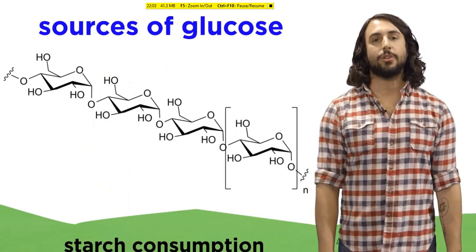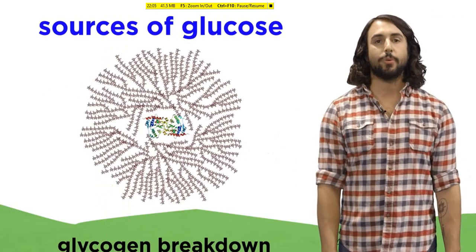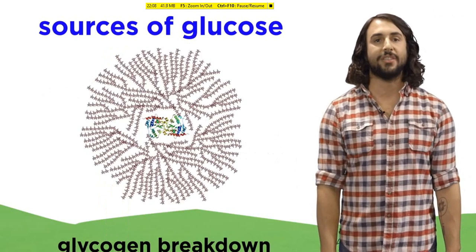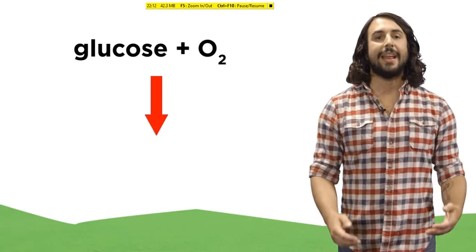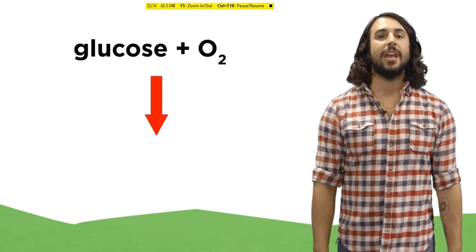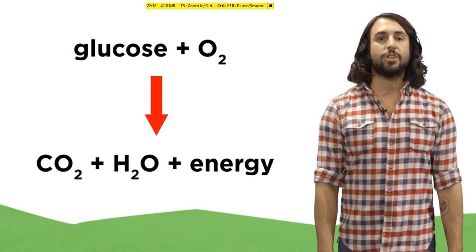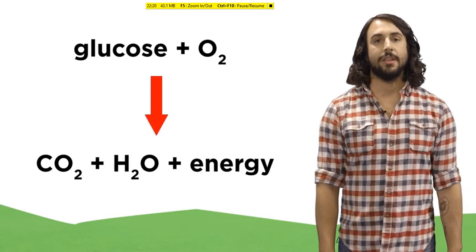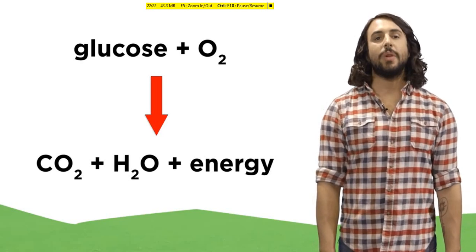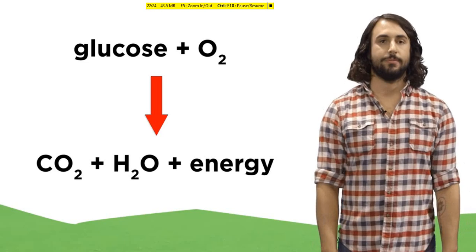Glucose, which we can either consume as starch or break off from glycogen stored in the cell, can be converted through metabolic pathways in the presence of oxygen into carbon dioxide, which we breathe out, water, which is most of what we are, and energy, the energy we need to think and move.